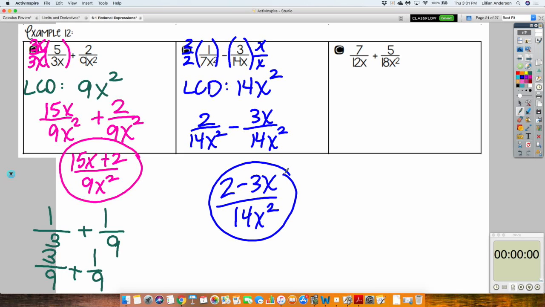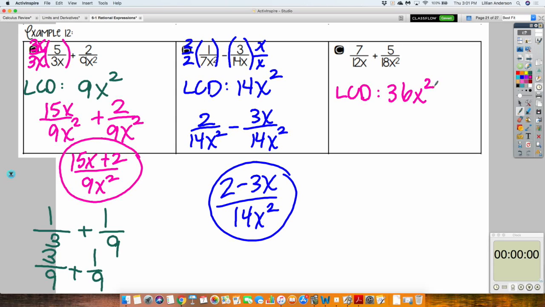Looking at the last one. What is the lowest common denominator between 12x and 18x squared? 36x squared. 12 goes into 36 how many times? And 18 goes into 36 how many times? 2.